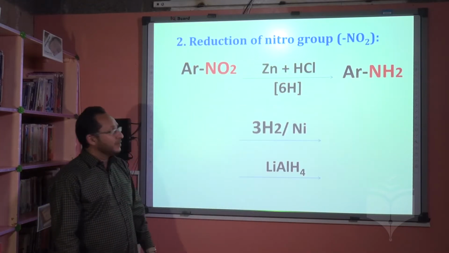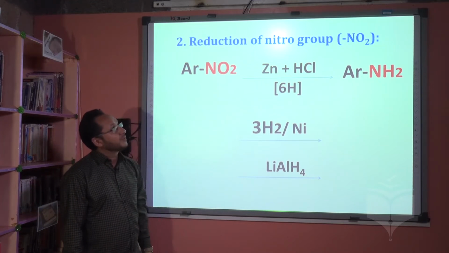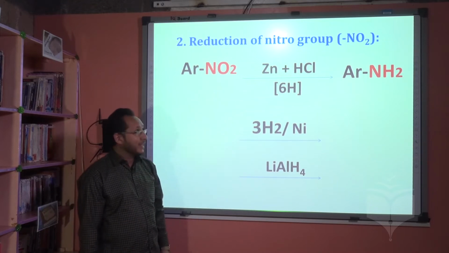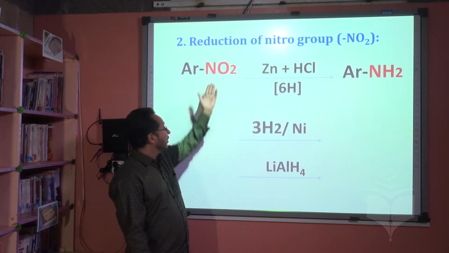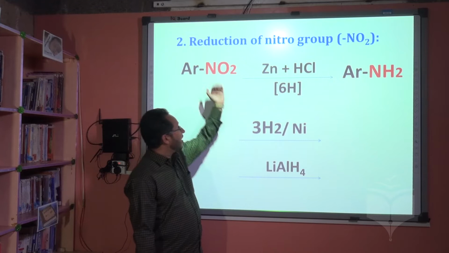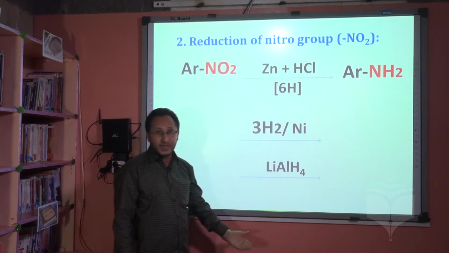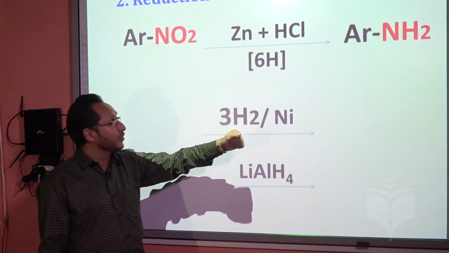Now, the second process is from reduction of nitro groups. Nitro group is NO2. Reduction means to add hydrogen instead of the oxygen. So, if you want to replace this oxygen by hydrogen, you have to use a reducing agent. Here we can use active hydrogen.